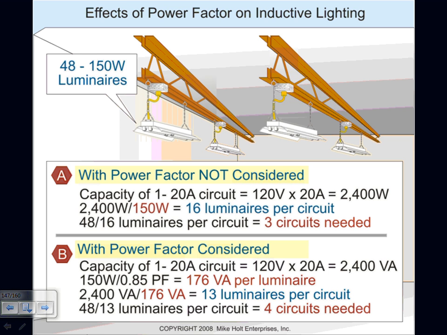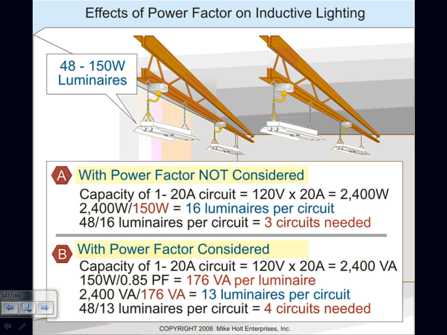So if you want to find it, we will do this calculation, guys. I promise you we'll do a few of these calculations. But first of all, you need to find how many luminaires. You have the 20 amps because non-continuous, multiplied by 120, gives you 2400. Divided by 150 watts, they'll give you 16 luminaires per circuit.